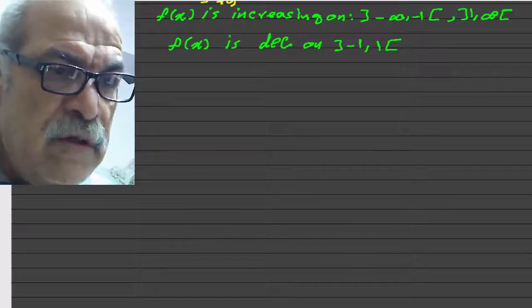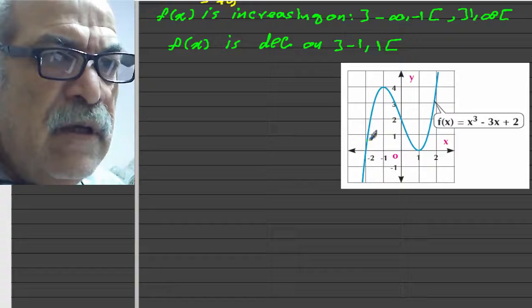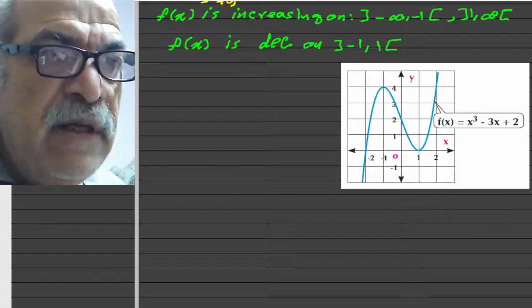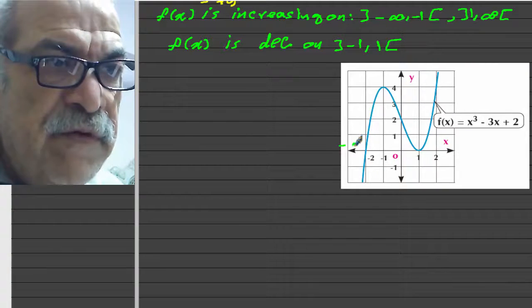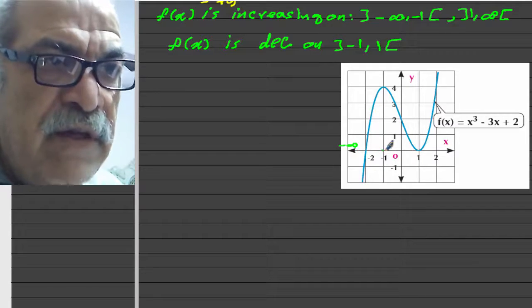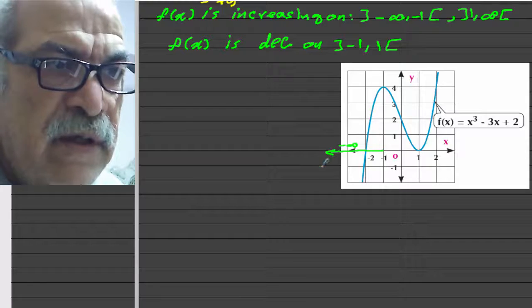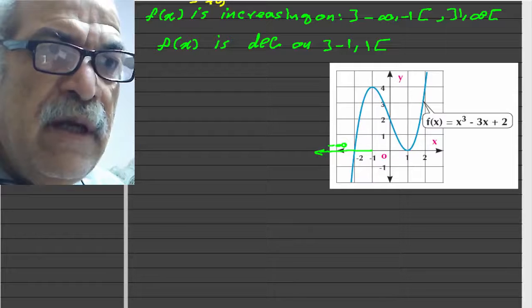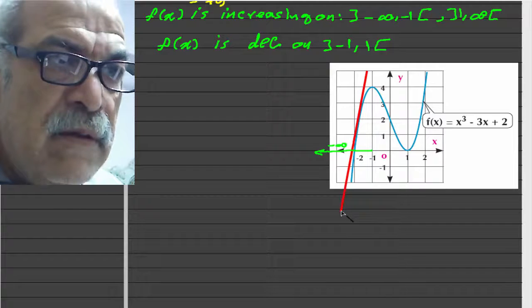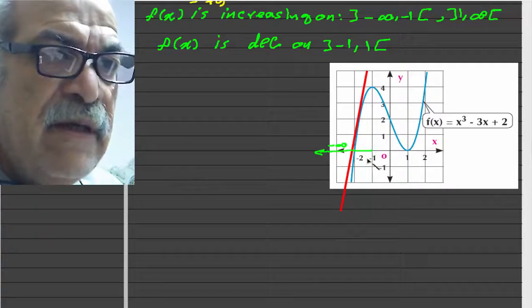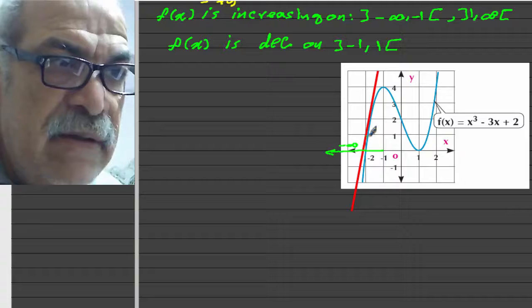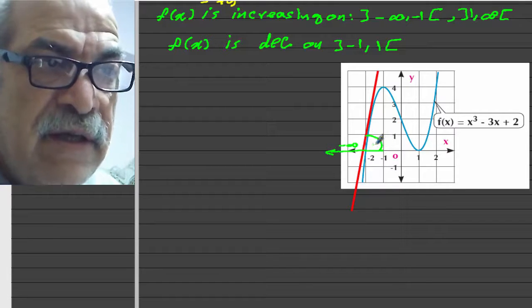When you draw the function and study this curve, drawing the tangent in the interval from -infinity to -1, when you draw any tangent here, you will find that the tangent makes an acute angle with the positive direction of the x-axis.